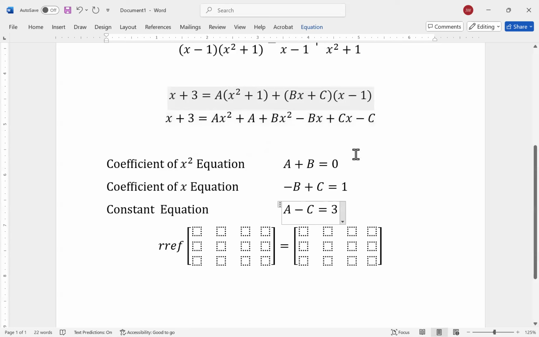So when I write that down, if I'm using RREF, I like to write the constants on the right and my variable pieces on the left. Now, this one you can do by hand. It turns out if you add all three equations together, the Bs will cancel out, the Cs will cancel out, and you'll be left with 2A equal to 4. So A is 2.